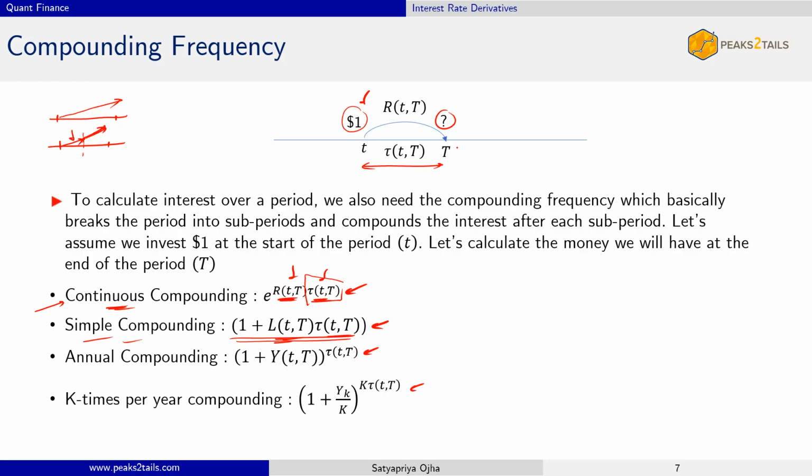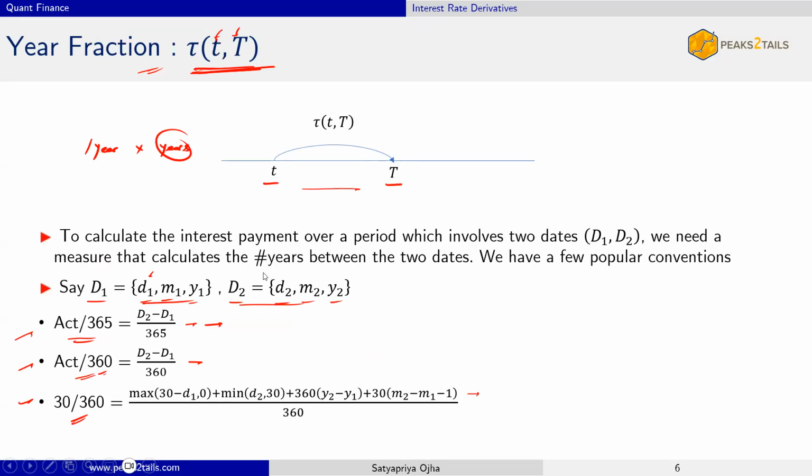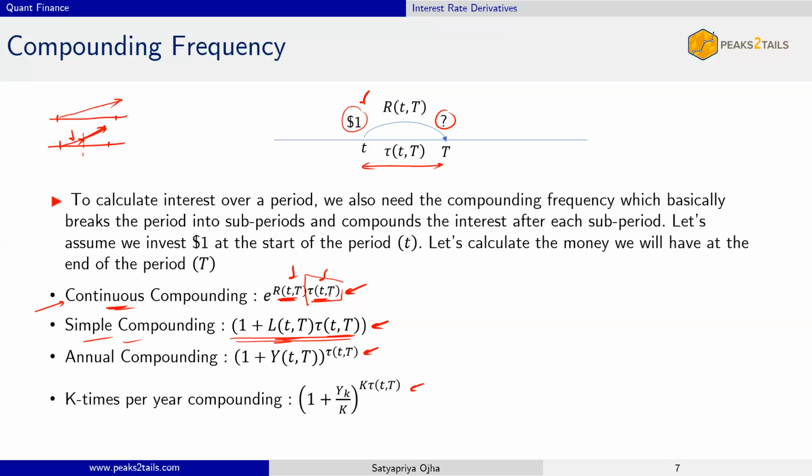For that, you use these ideas. Based on your convention, you'll get the year fraction. Take that, plug it in here, and you'll get the amount you will have at the end of the period using continuous compounding. R is a rate quoted in continuous compounding, which means this is the rate at which you grow your money, compounding every instant.